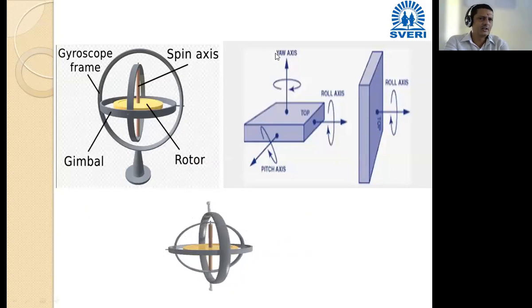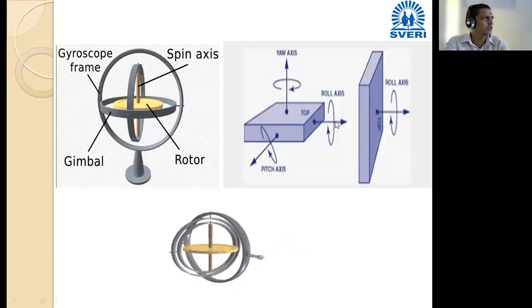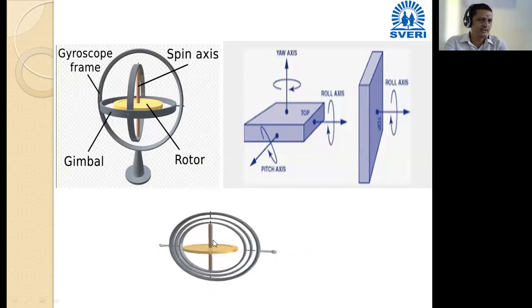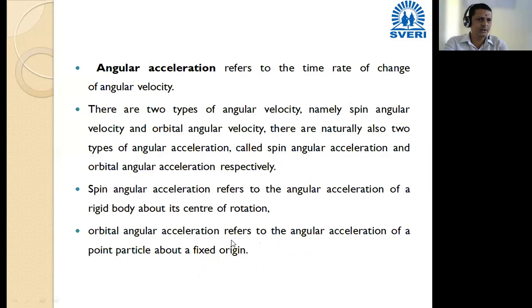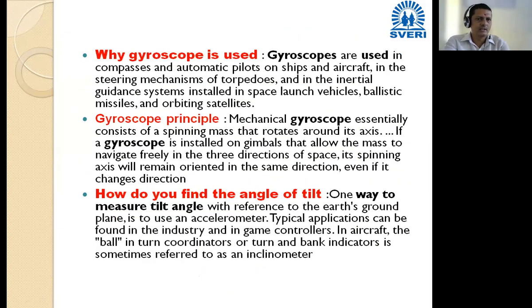Pitch axis, Y axis, and roll axis, meaning rotational axis. Here, see these three directions. Its spinning axis will remain oriented in the same direction even if the direction is changed.